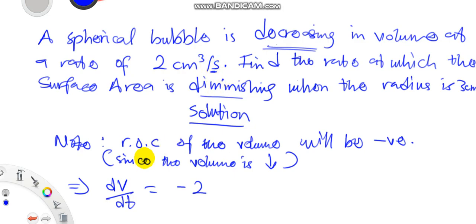So the rate of change of volume with respect to time, dV/dt, is equal to minus 2.